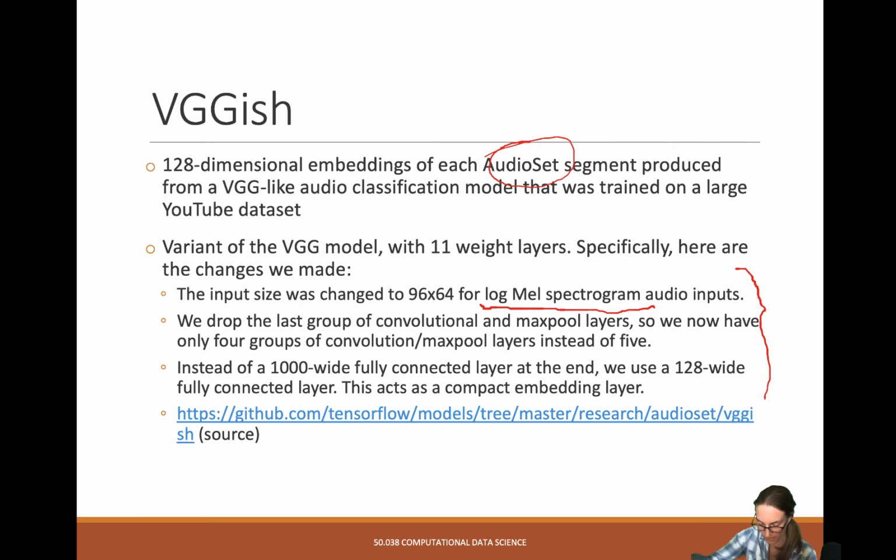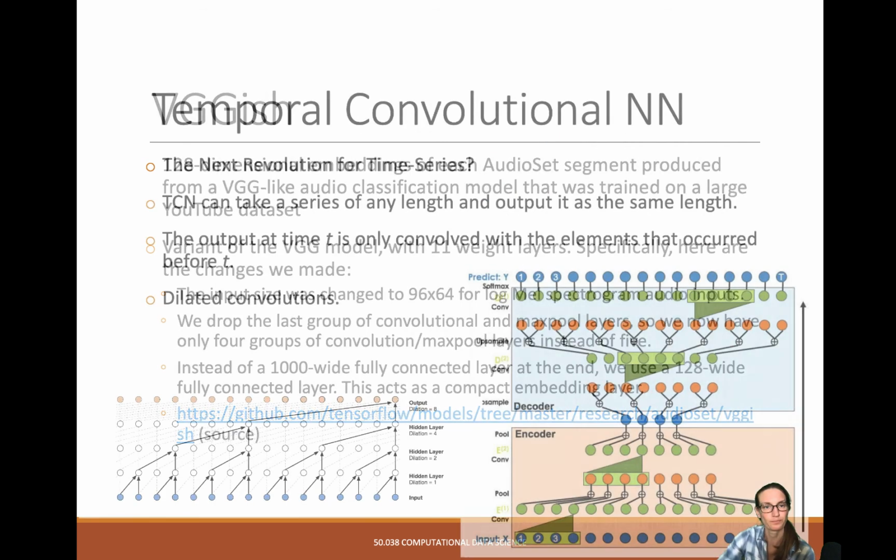They also dropped the last group of convolutional and max pool layers, so they now have 4 groups of convolution and max pooling layers instead of 5. Instead of a 1,000-wide fully connected layer at the end, they use a 128-wide fully connected layer that can act as the embedding layer. You can download it here. It's very easy to load into your network.